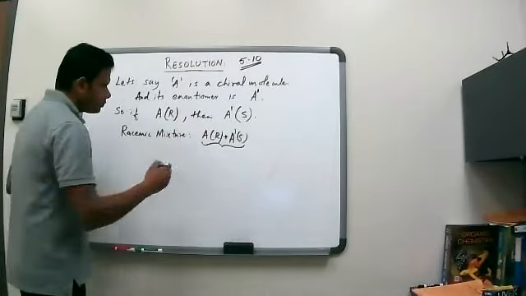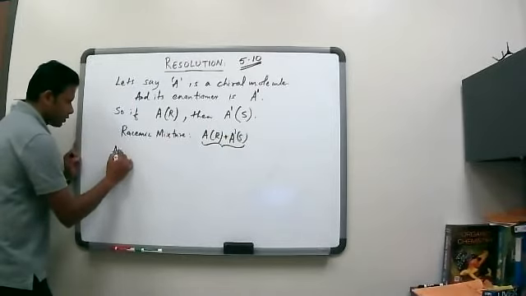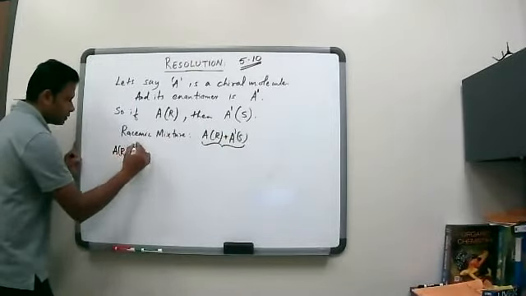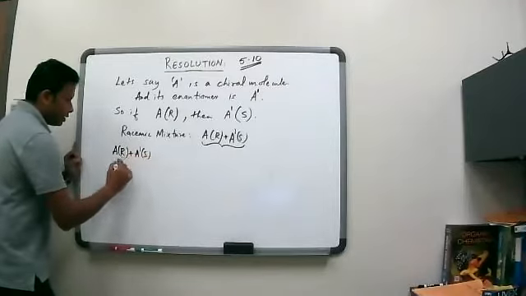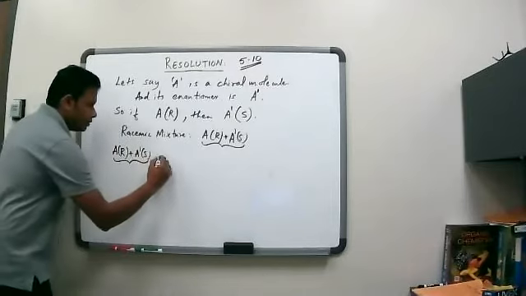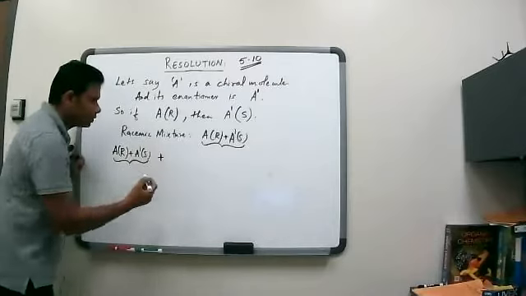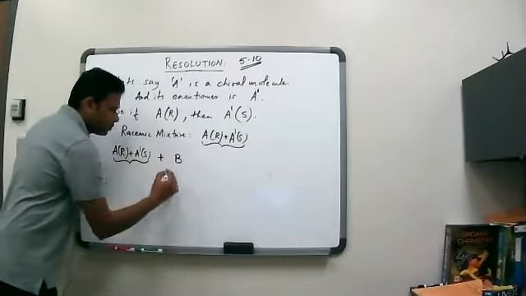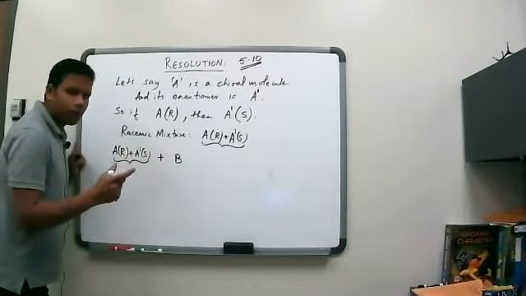So let's say we take this racemic mixture, which is AR plus A prime S, and we react this with another chiral molecule. React this with another chiral molecule, but it's a pure chiral molecule.